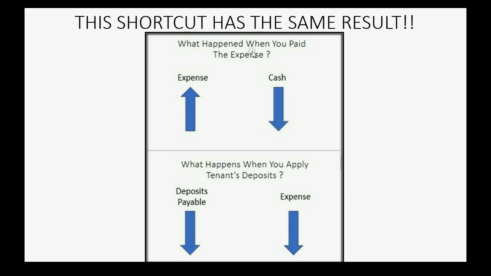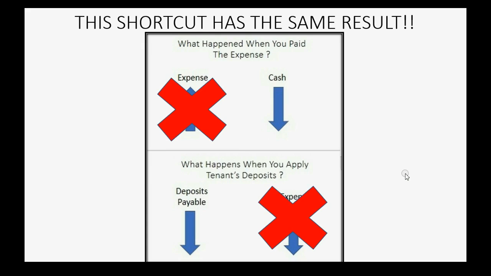What happened when you paid the expense? Expenses went up and cash went down. And then when you apply the security deposit, deposits go down and expenses go down. So why not just combine them into one step, so that when you actually pay the expense, you put deposit payable as the account, and that will kill two birds with one stone.